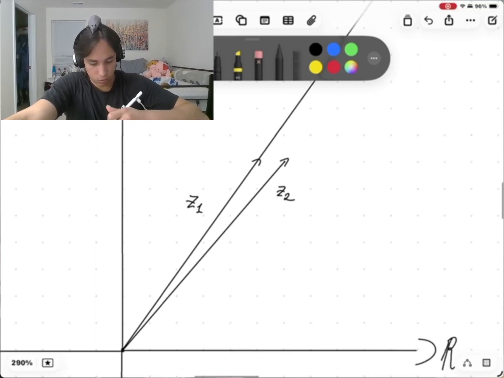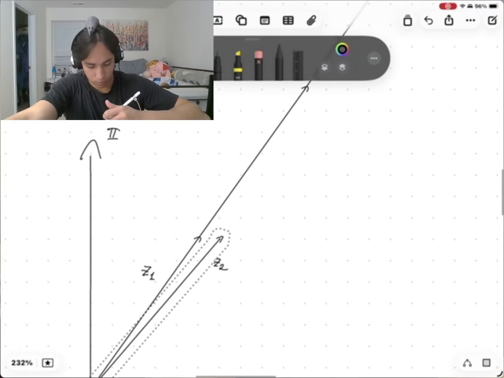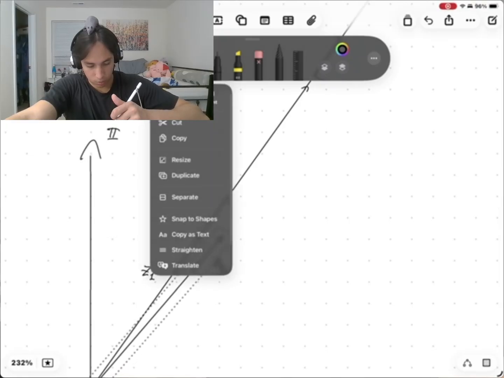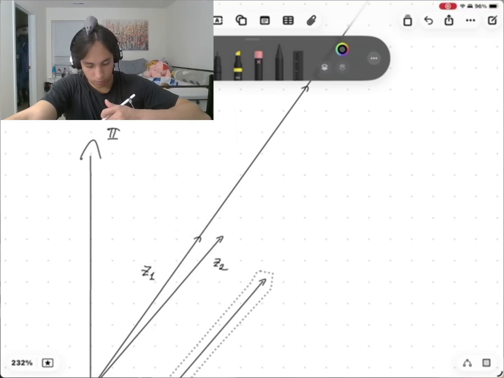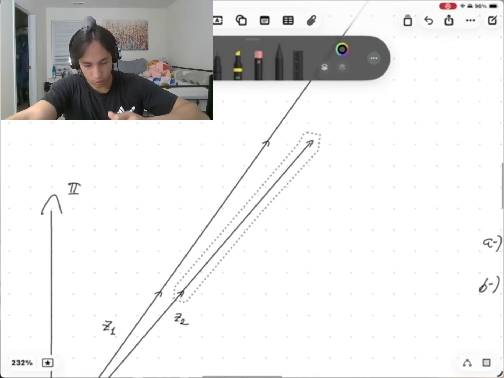We do the same with z2. We do 1, 1, boom, and then we duplicate, boom. There we go. That should be it.